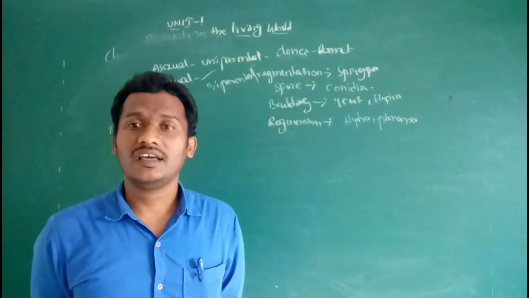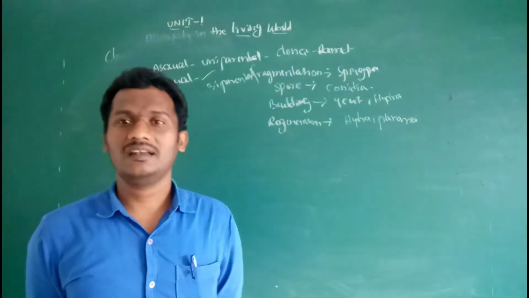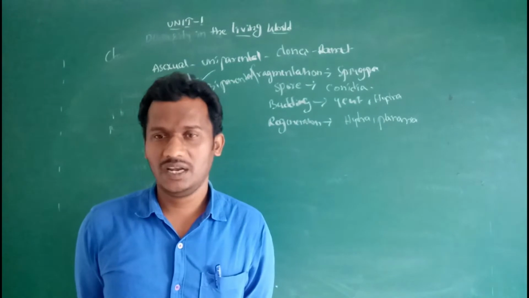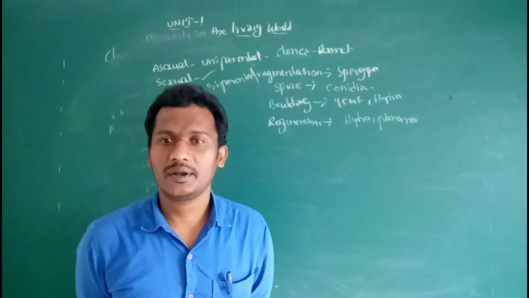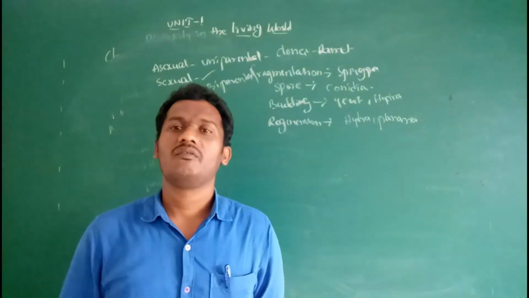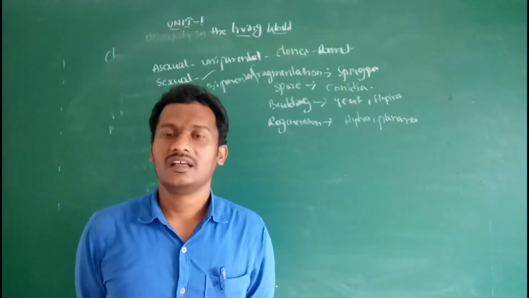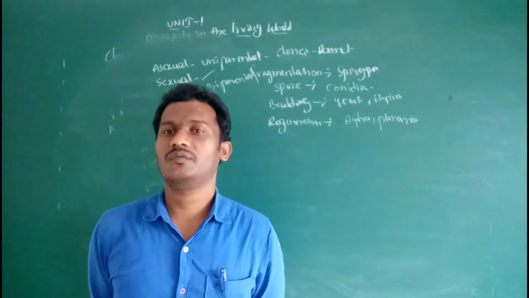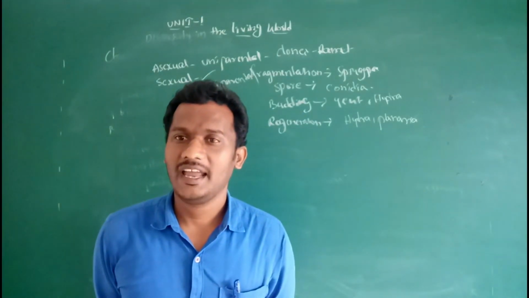That's why daughter individuals produced through sexual reproduction are similar to the parents, not an exact copy of the parents. Sexual reproduction permits variation of characters, evolution of characters. These characters will be useful for adaptation of organisms to a modified environment.